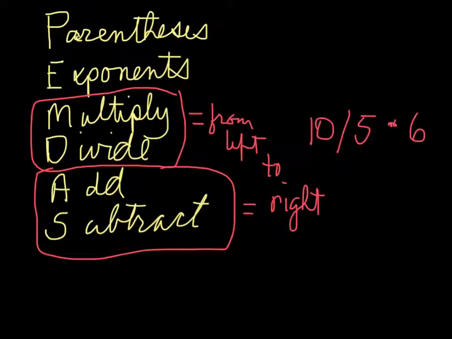I would not do the 5 times 6 first. I do multiplications and divisions from left to right. So I do 10 divided by 5, which is 2, times 6. Additions and subtractions work the same way. You do those from left to right.